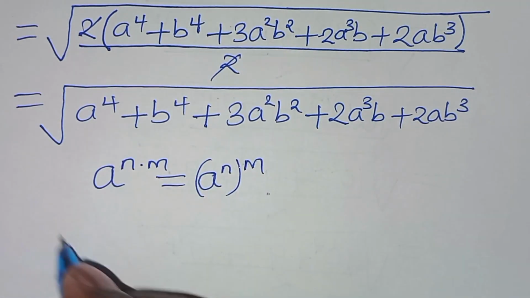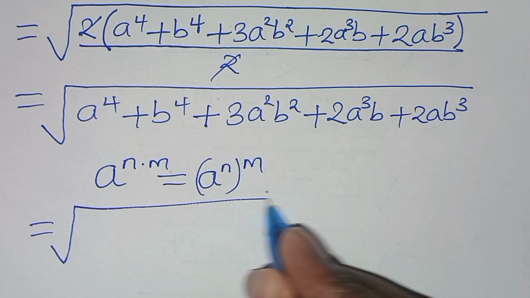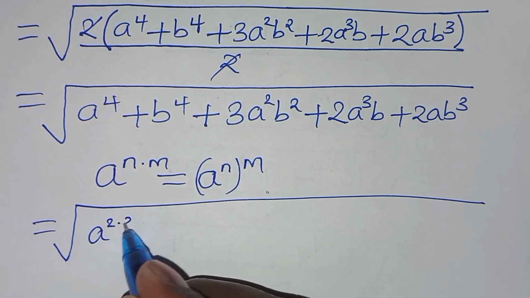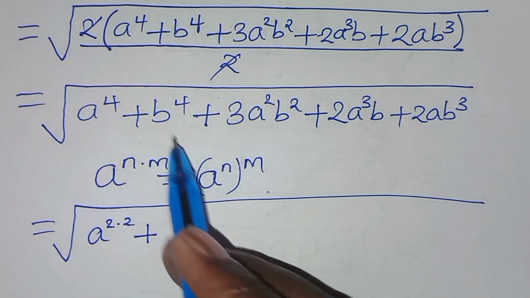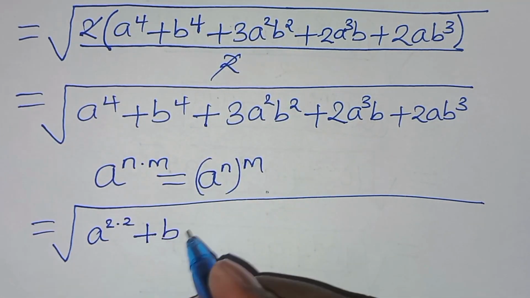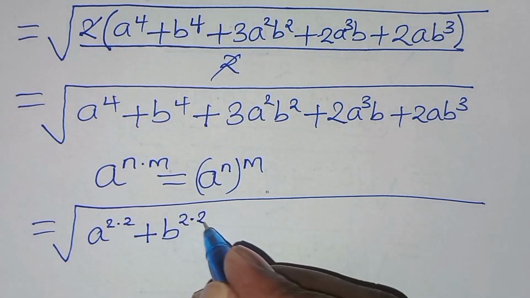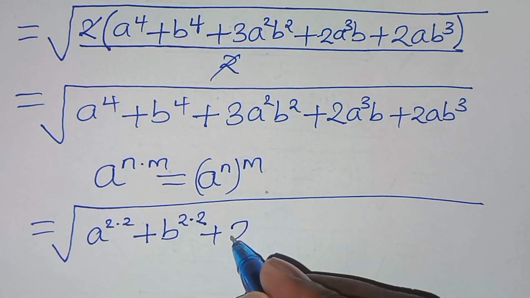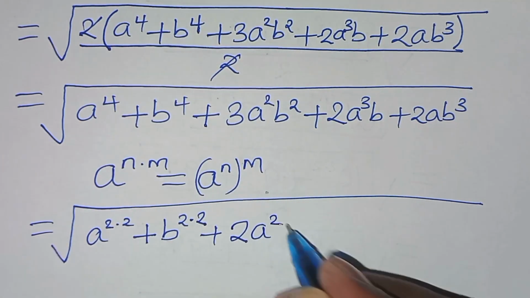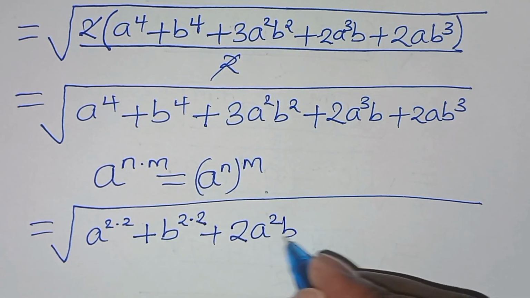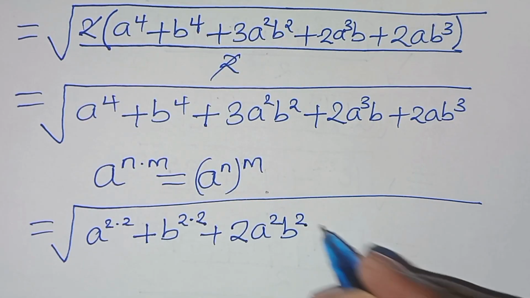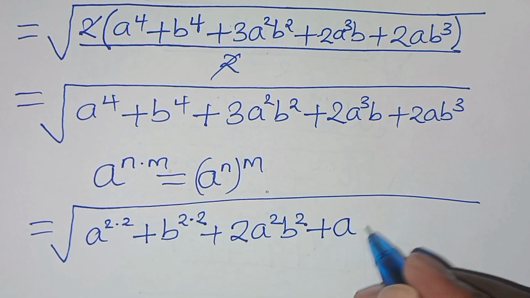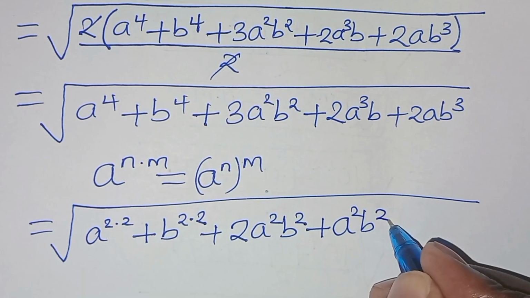So in other words, we can express a to power 4 as a to power 2 times 2, plus b to power 4, which we can express as b to power 2 times 2, then plus we have 2a to power 2, b to power 2, then plus we have a to power 2, b to power 2.